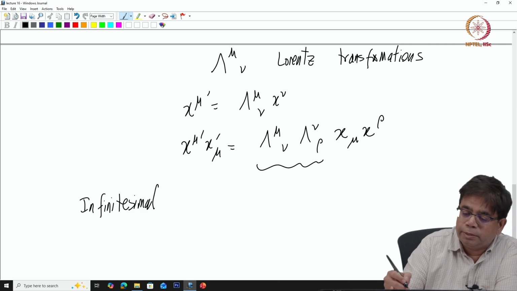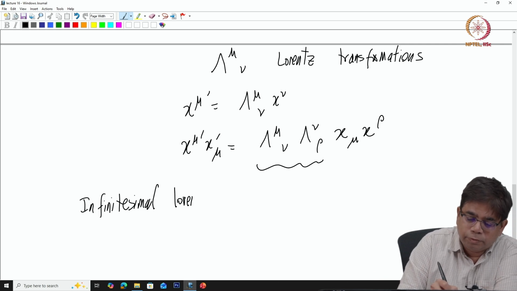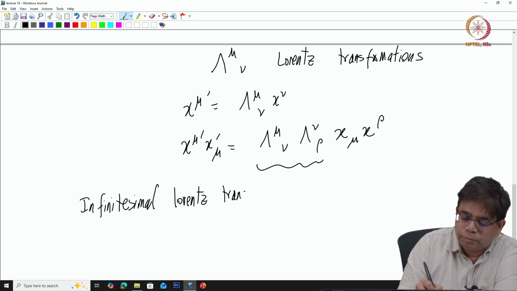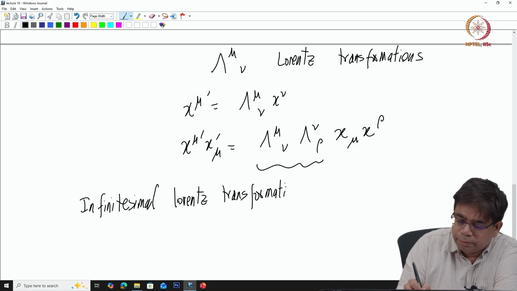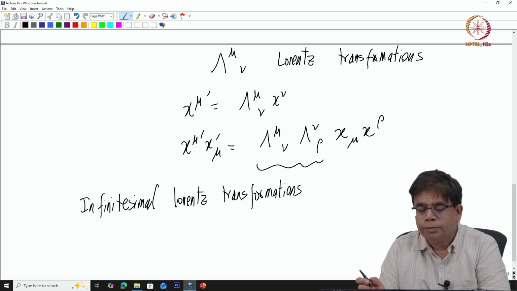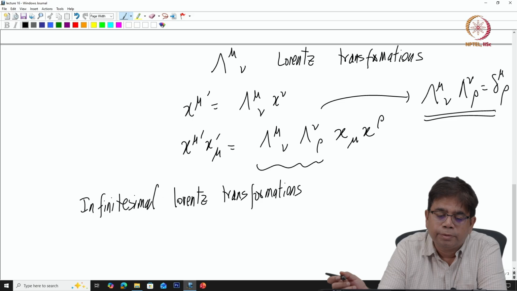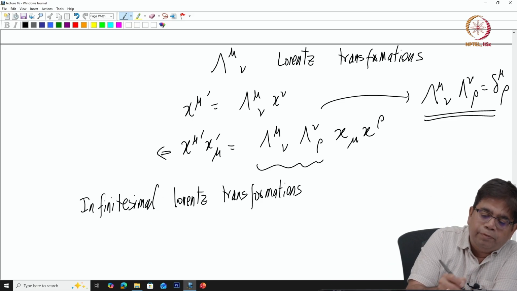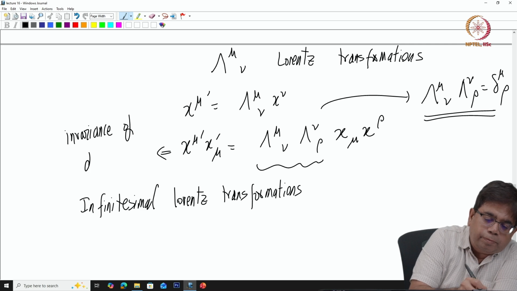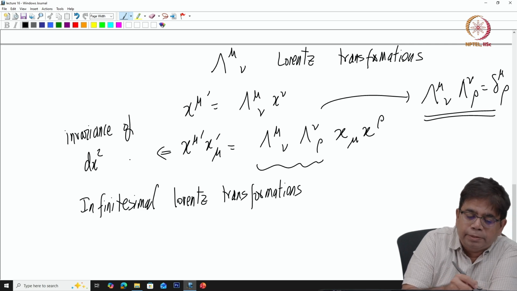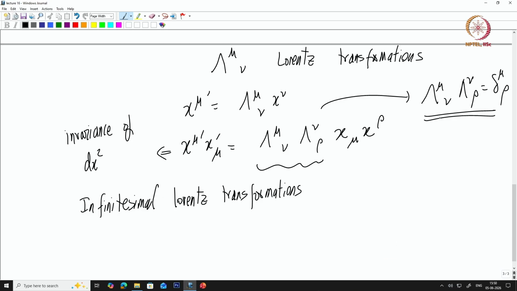So this should be unity. This shows that lambda mu nu lambda nu rho is equal to delta mu rho, and this is nothing but invariance of dx squared. That invariance gives you this condition, and it gives you several conditions essentially.